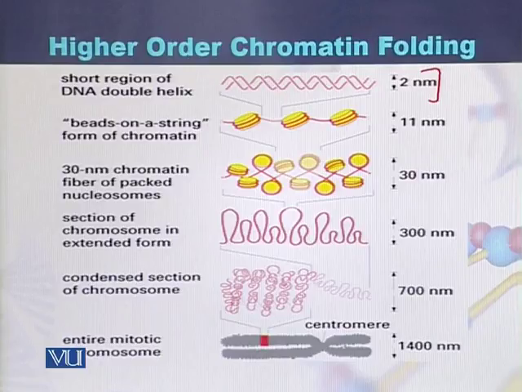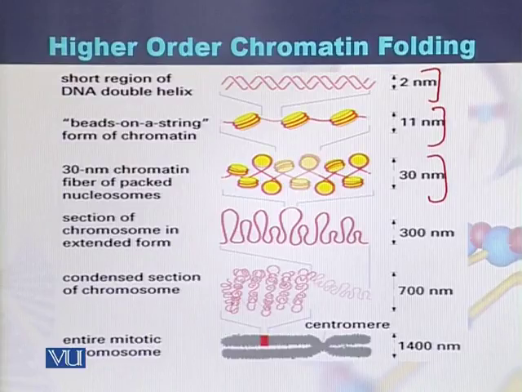This is the first level of the packaging where nucleosomes are formed. Then these nucleosomes are placed in the same vicinity and form 30 nanometer diameter. Once nucleosomes are packed with each other, they form the fibers, and this fiber forms the scaffolds.